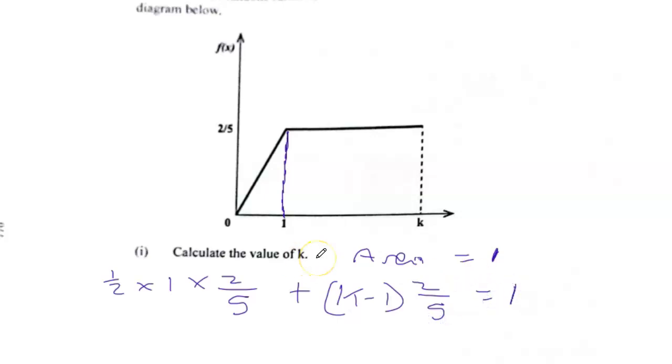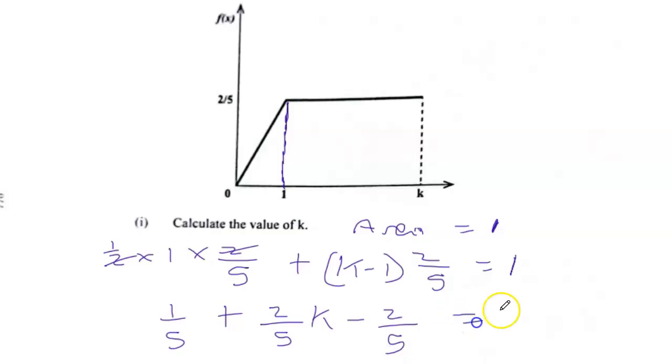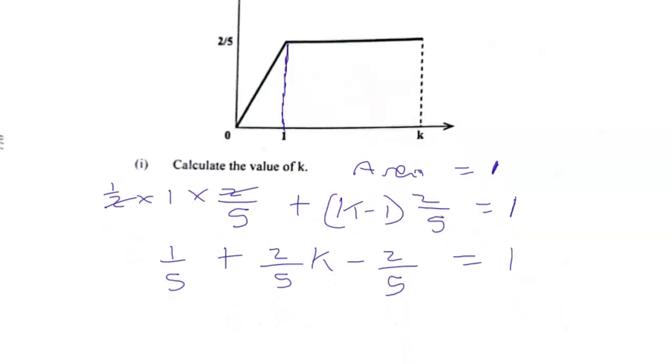Let me first expand. So that's 1/5 plus, expanding this, 2/5 k minus 2/5, equal to 1. So we can group like terms. 2/5 k equals 1, bring this over, that's positive 2/5.